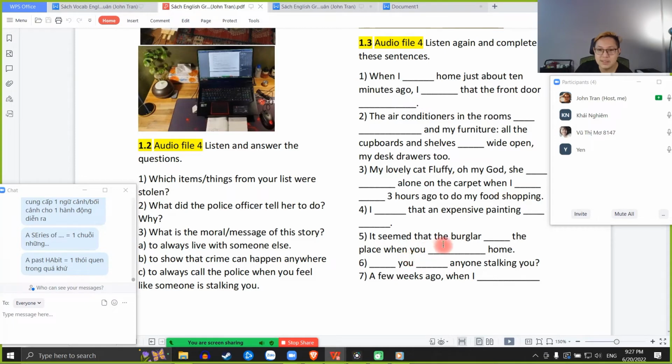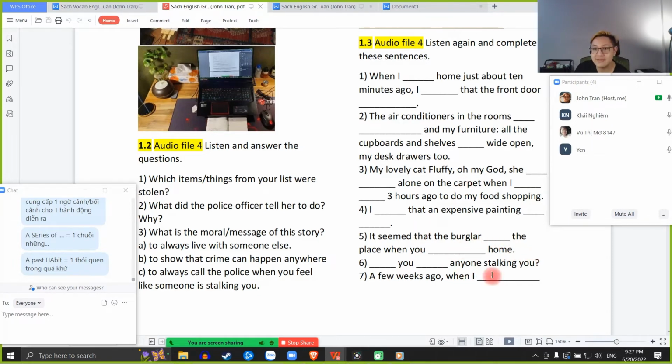Number 5, okay. It seemed that the burglar left the place when you were walking home. So, when you were walking home, that's the context. Bối cảnh là gì? Khi mà chị lúc đó đang đi bộ về nhà. The action is the burglar left the place. Cái hành động đó là cái gì? Tên trộm nó rời nơi đó.